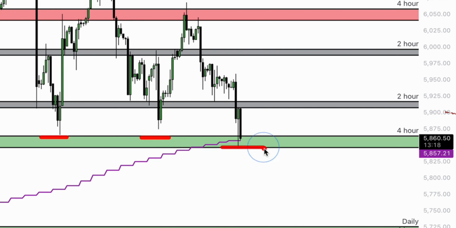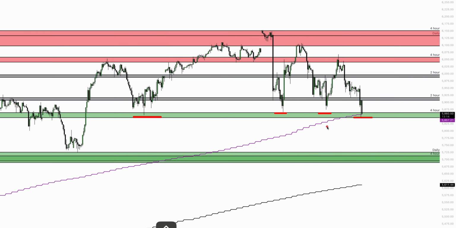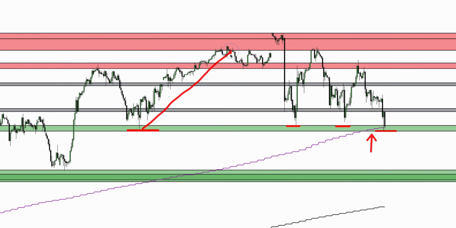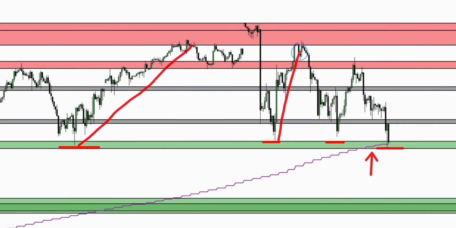We traded right into that level today, and this is also where we have our 100-day moving average, that purple line right there. We can see those buyers stepping in, and stepping in, and stepping in, and this time it is also corresponding to our 100-day moving average.